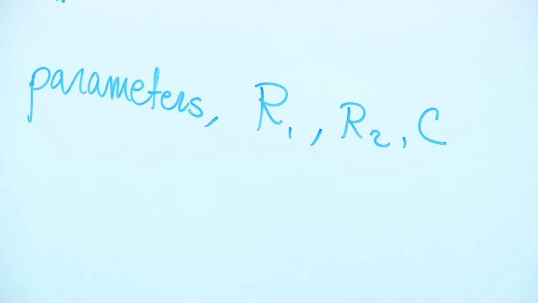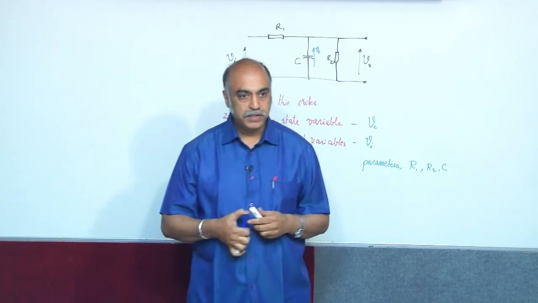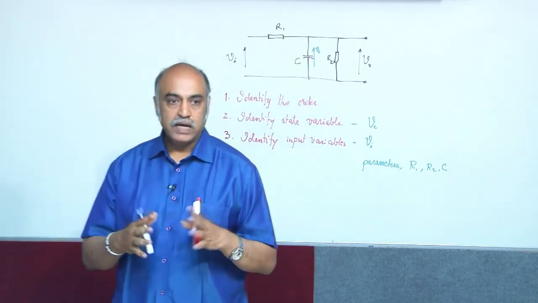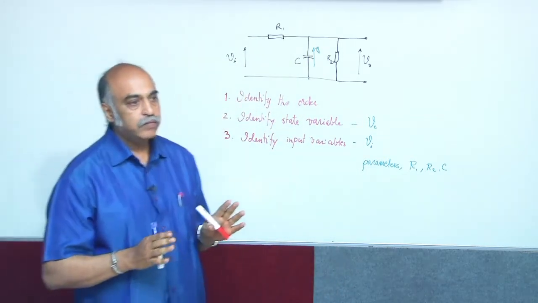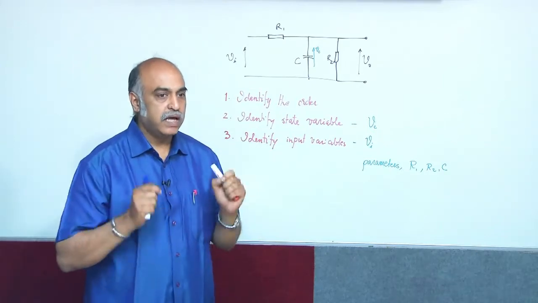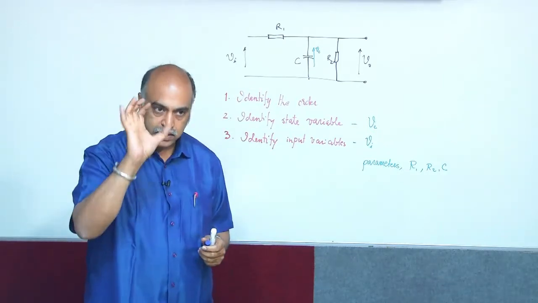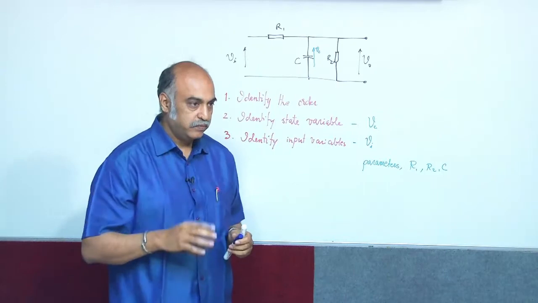You have to use only these variables and construct the model, because when you have a state equation, the entire system is determinable. You can understand everything about it just by the states and the inputs.